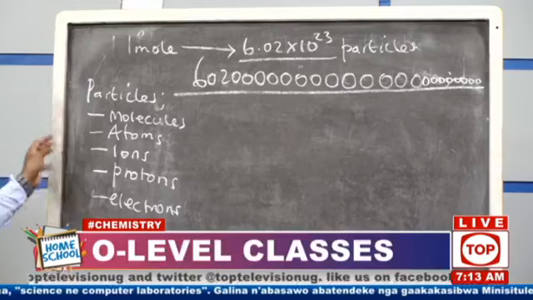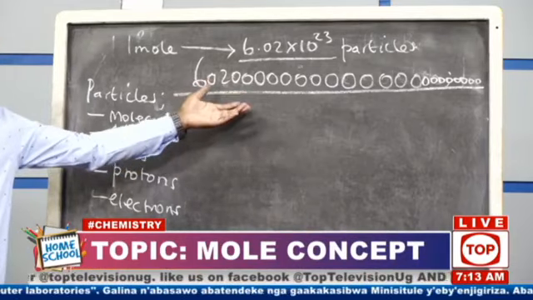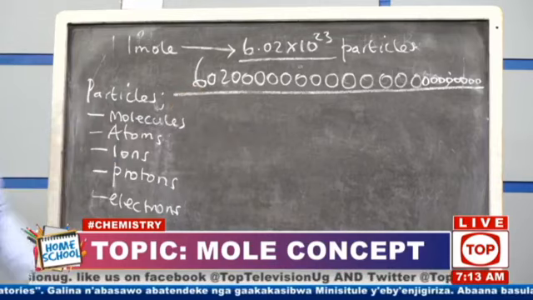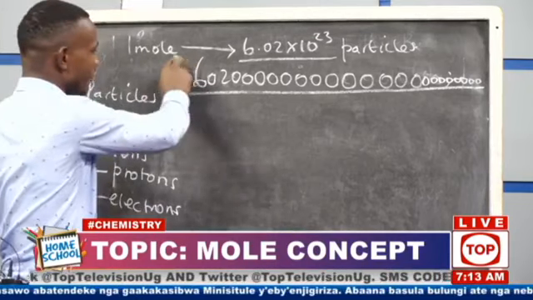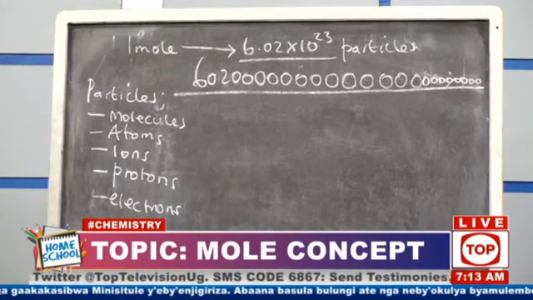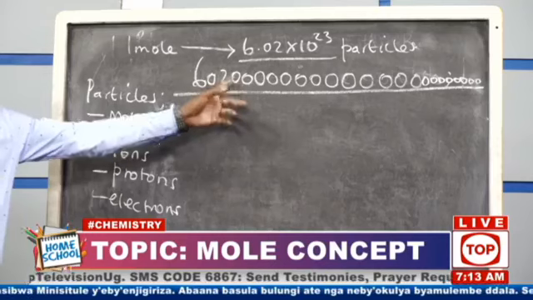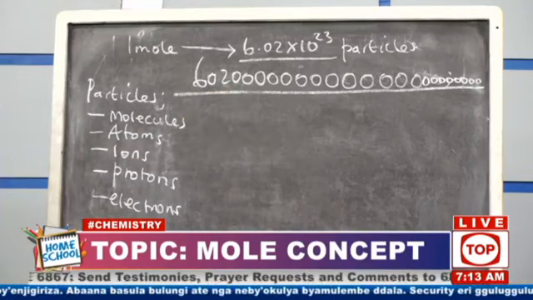How many days will you take to reach this number? Okay? You take so many days to reach this number. But when you decide to group them and use just 1 mole, you'll be counting moles. You say, I just need 5 moles. That means 5 will be times this one. And you find you have very many particles at once.